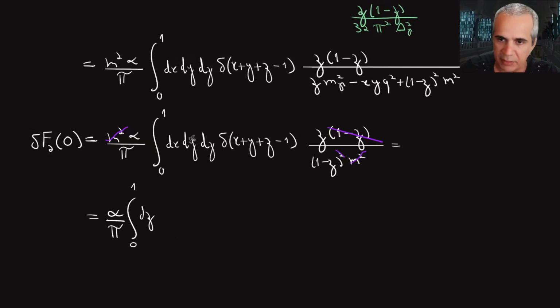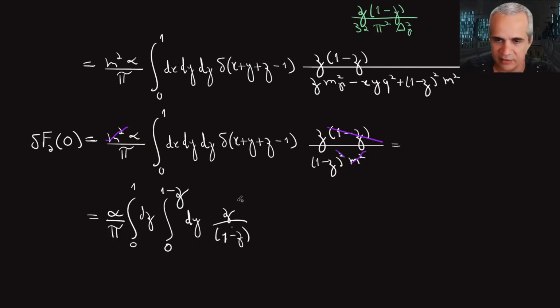That means that y, because of this delta, I want to keep the integral where I hit that delta, otherwise the result is 0. So y needs to go from 0 to 1 minus z, dy of z over 1 minus z. That's the integral I want to do.